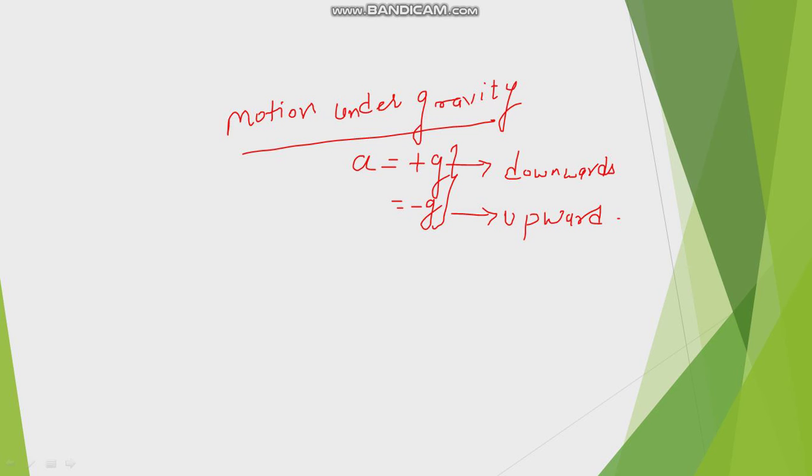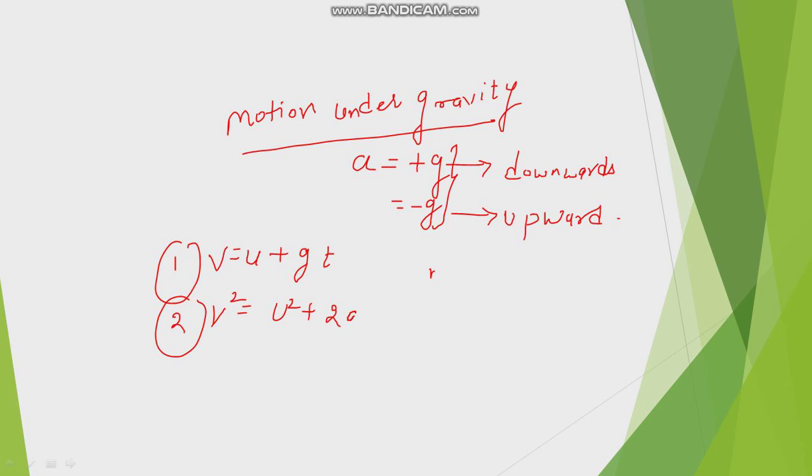For motion under gravity, downward motion, the first equation is v equals u plus gt. The second equation is v squared equals u squared plus 2gh, where h is the height from which it is projected downwards.